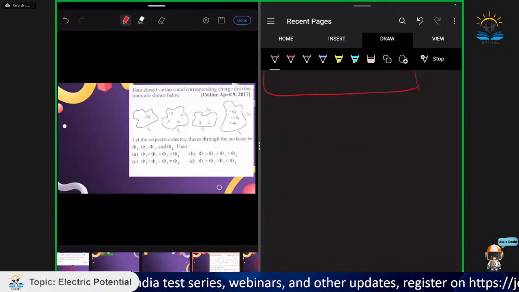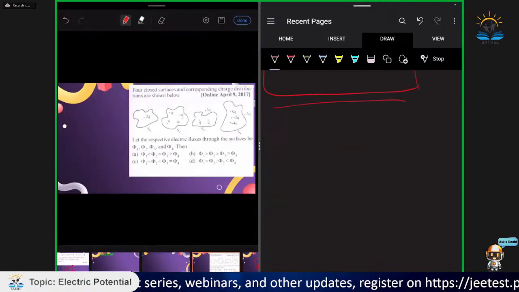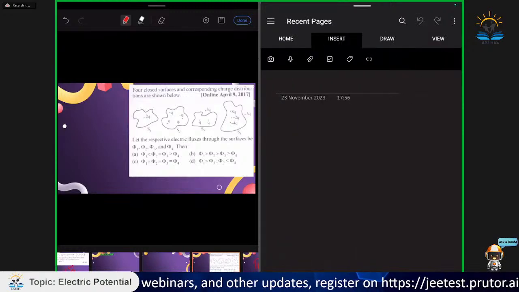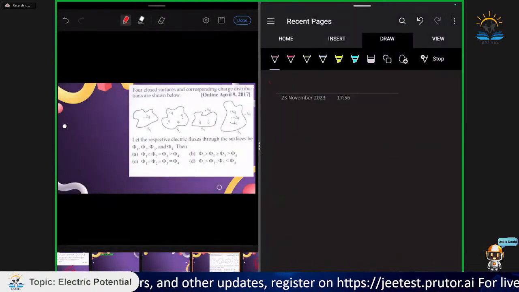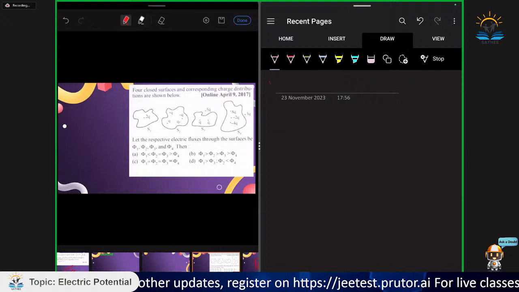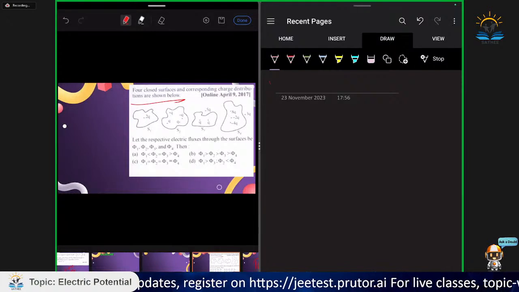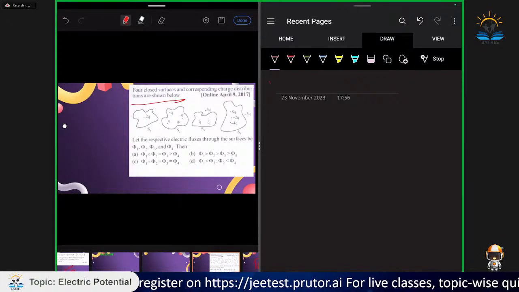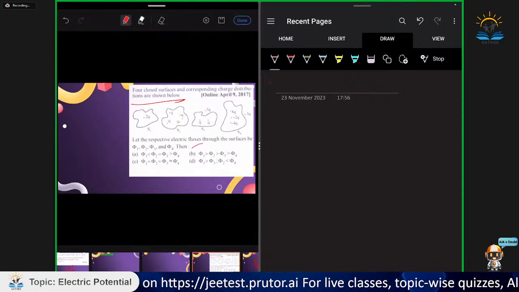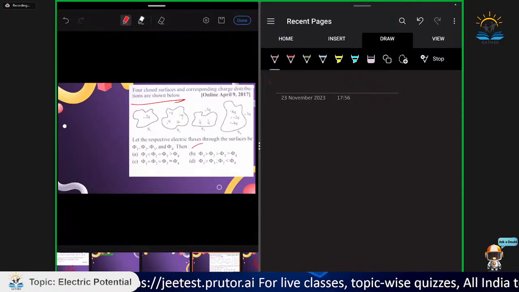Next question. For closed surfaces and corresponding charge distributions shown below, the respective electric fluxes through the surfaces are phi 1 to phi 4.